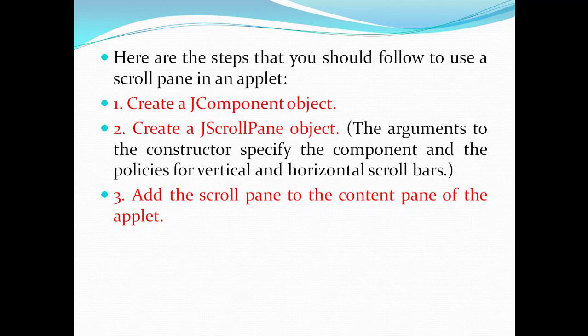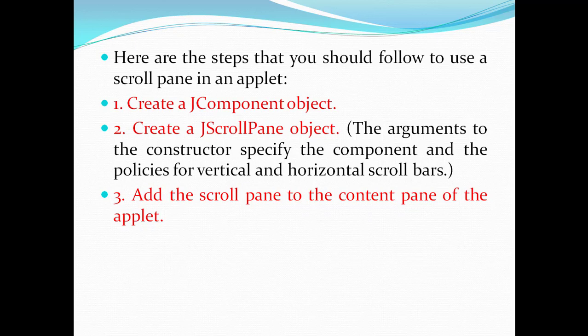First, create a JComponent object. After that, create a JScrollPane object, and to the constructor of that JScrollPane we need to pass the component and policies for horizontal and vertical scroll bars. Third, add the scroll pane to the content pane of the applet.